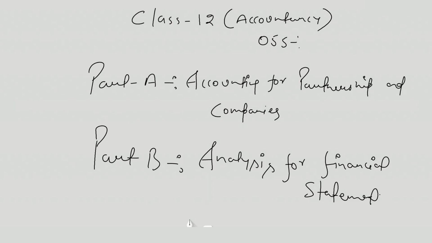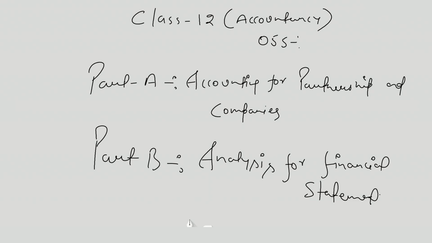In class 11, last year, we studied the accounting for sole proprietorship. Business is carried on in many forms. The primary form is the sole proprietorship. The second form of doing business is partnership.